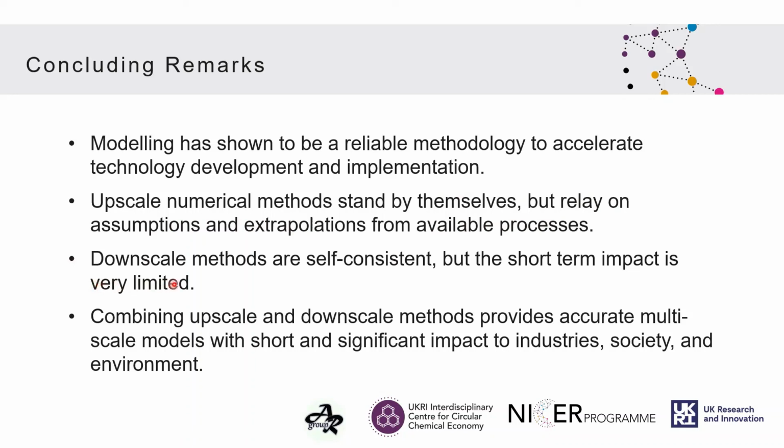So this is why, as we have in our center, we combine the four different modeling methods or techniques that I showed you now, from upscale to downscale and vice versa, to provide accurate information.